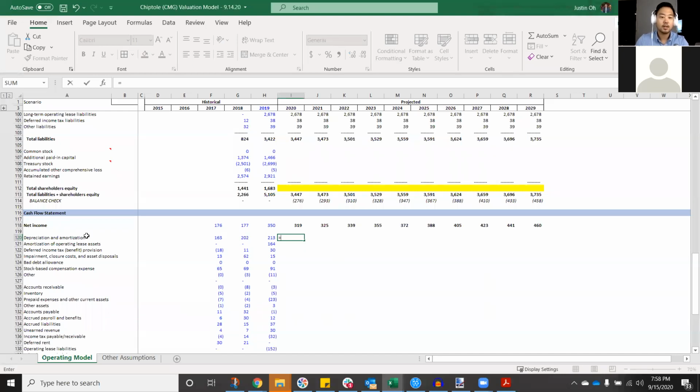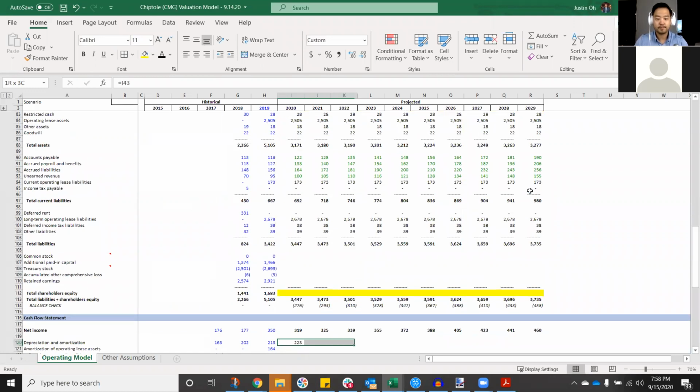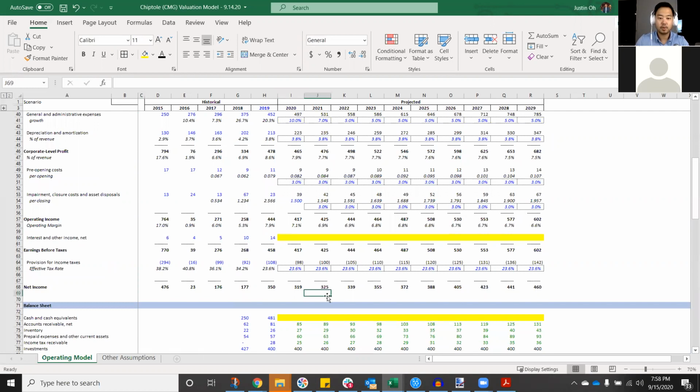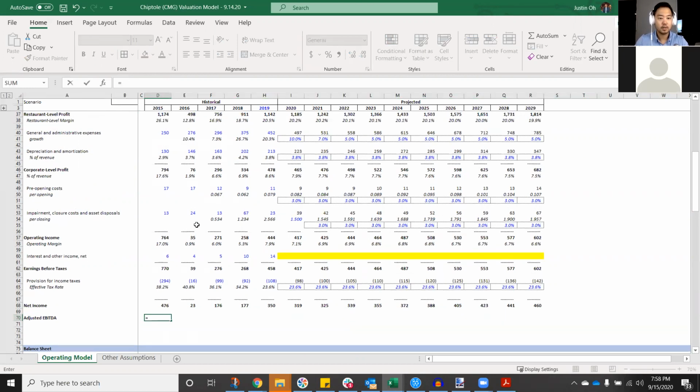So we're going to hook this up back to this one line up here in our income statement. And just for us finance people, we're going to add a special line for adjusted EBITDA. I'm going to say adjusted EBITDA excluding SBC, which is stock-based comp, which is not a cash expense, and excluding opening and closing costs.